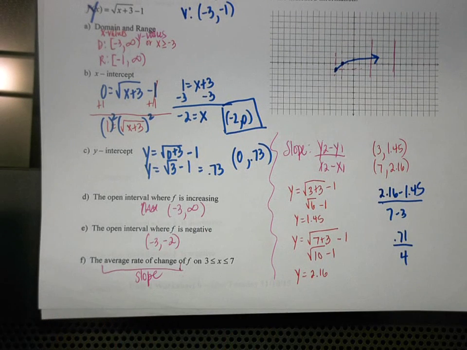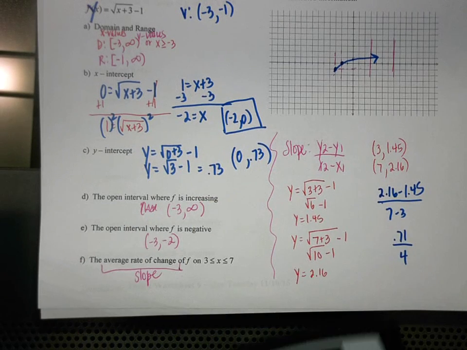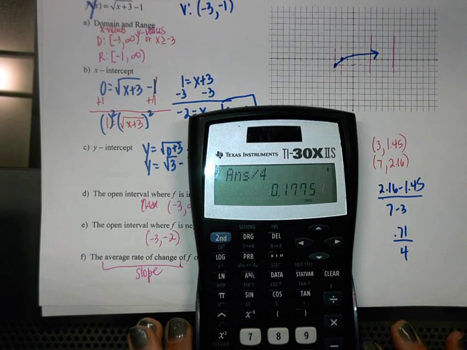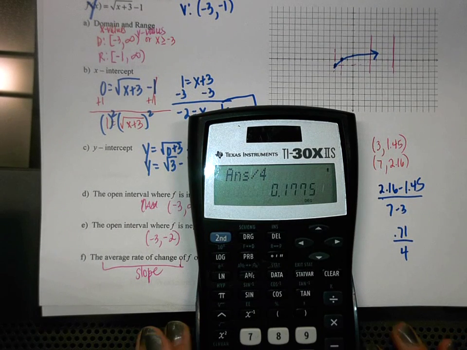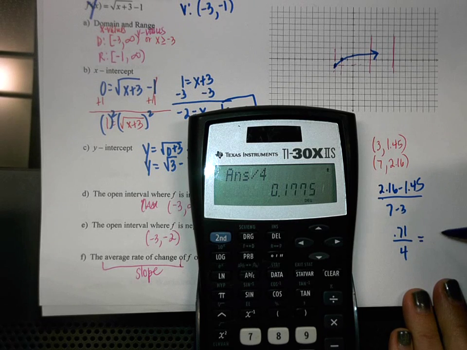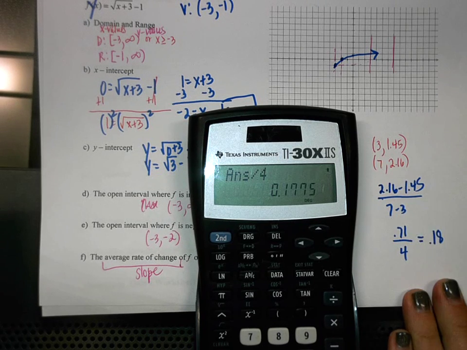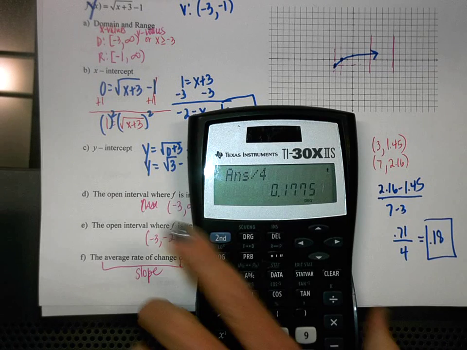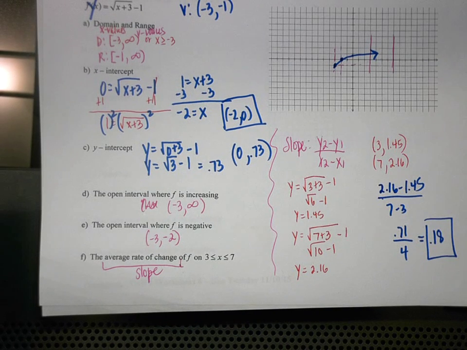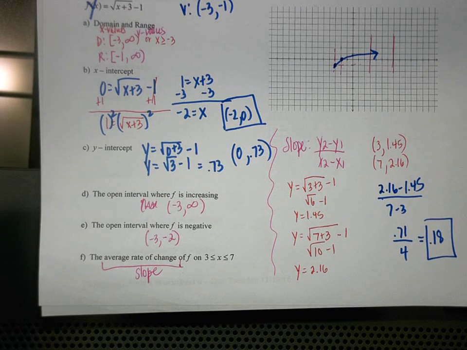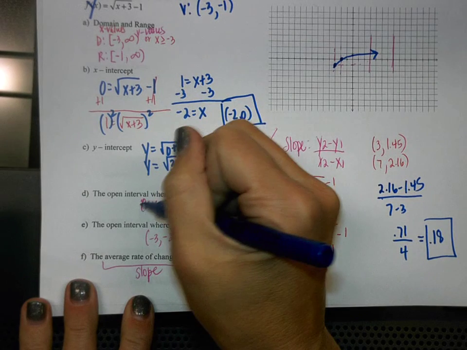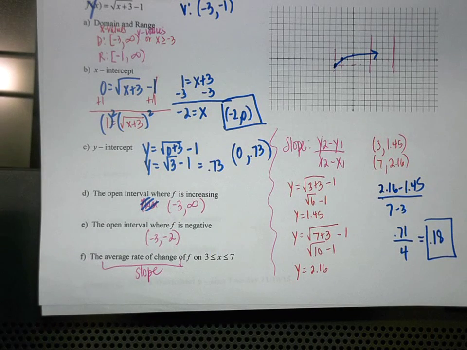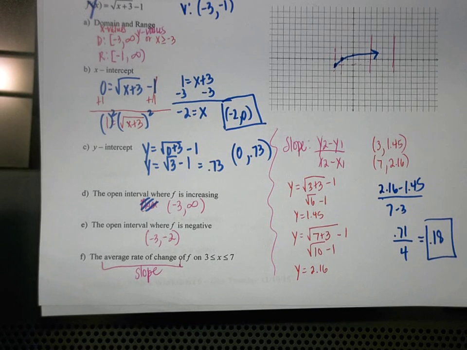And when I divide that by 4, I end up with 0.1775, so we would call that 0.18. So my rate of change is 0.18. This is not difficult, it's just there's steps.